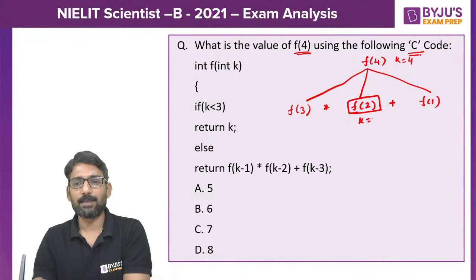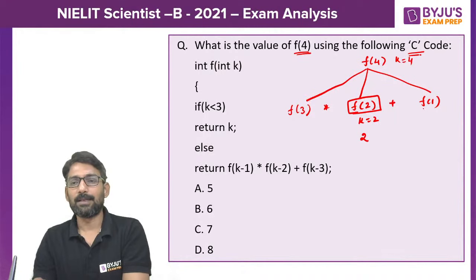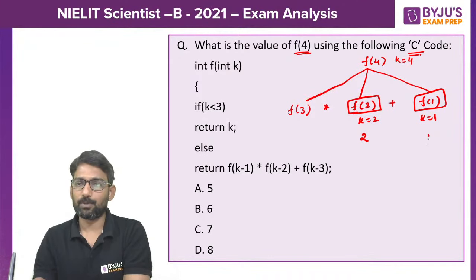Here k is equal to 2, 2 is less than 3, so it would be 2. Similarly, f(1): k is 1, as 1 is less than 3, it would be 1.